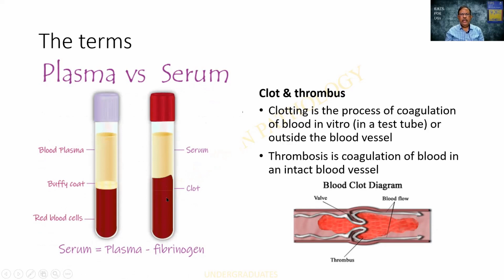This is what we do in our laboratories. On the contrary, when there is an anticoagulant and it is being centrifuged, you get the RBCs, buffy coat, and the plasma. Plasma minus fibrin is equal to serum.